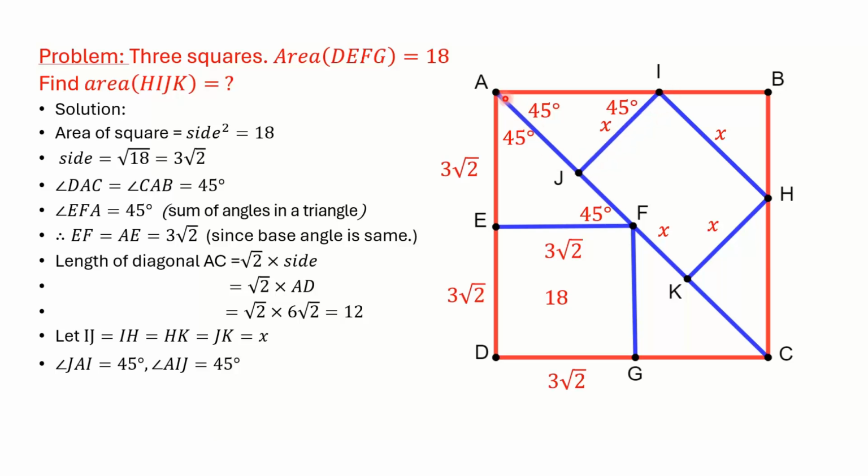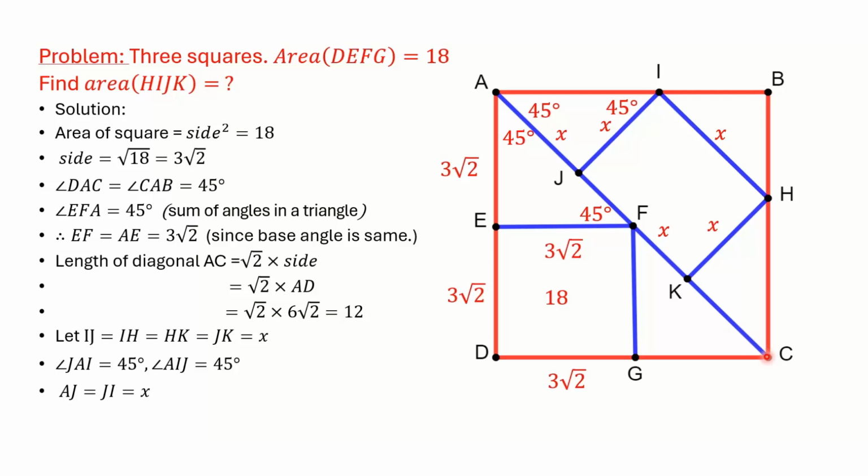So now I can say AJ is equal to IJ and both are equal to x. So now I know the length of this portion, that is AJ is equal to x, and this length is x.